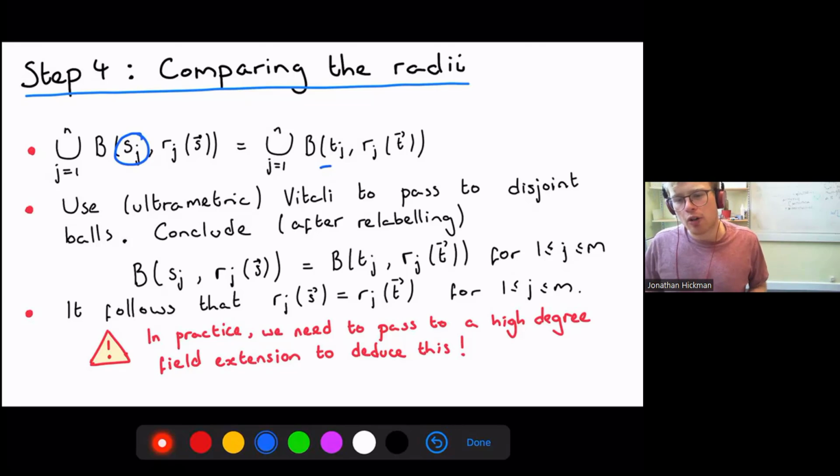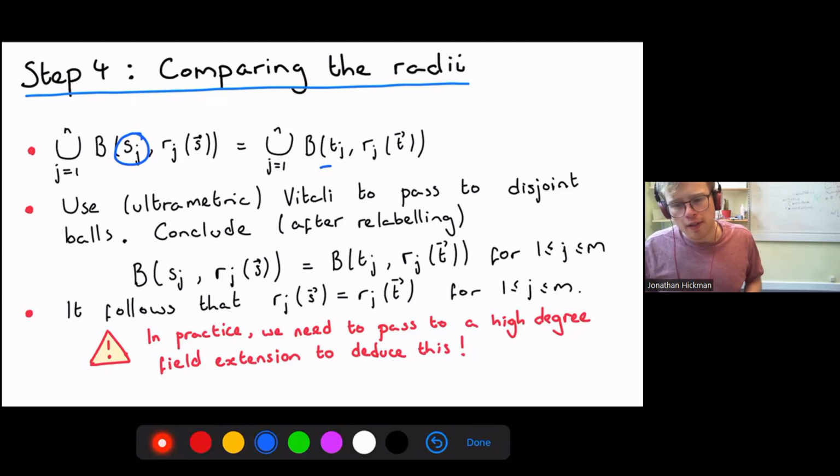So at this point, we're going to apply the Vitali covering lemma in this ultrametric setting to pass to a disjoint family of balls. Now, as I said, the balls in the p-adics behave like dyadic intervals. So this is just like the dyadic Vitali. We pass to the maximal balls with respect to inclusion.